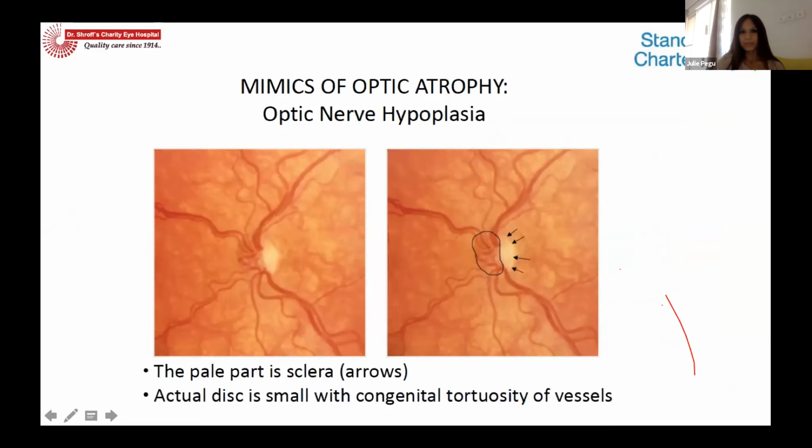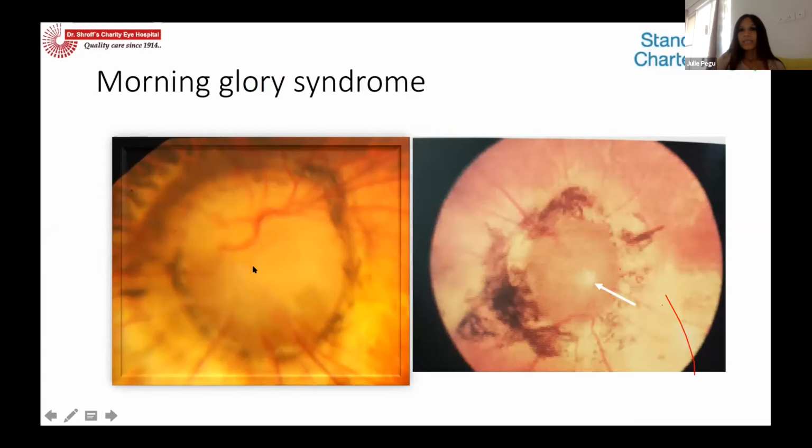Then the other mimics of optic atrophy, like optic nerve hypoplasia: suppose this patient may be referred to you because of this paleness of the optic disc, but actually this is not the optic disc, this is the sclera, and this is the actual optic disc, which is very, very small in size. This is another one, the morning glory syndrome. You may feel that this is a large optic disc, maybe glaucomatous, but it is not actually.